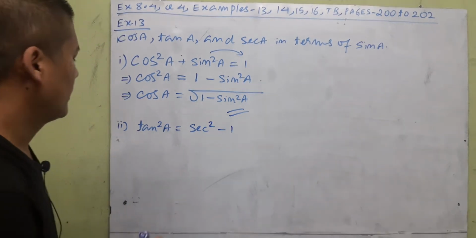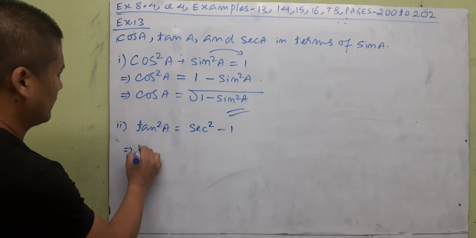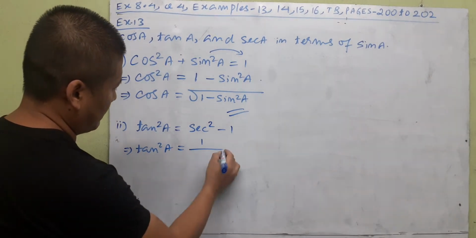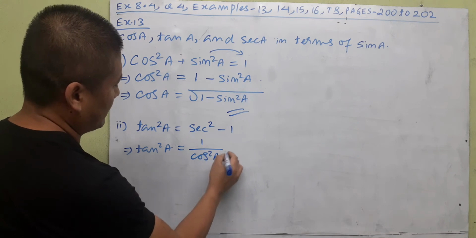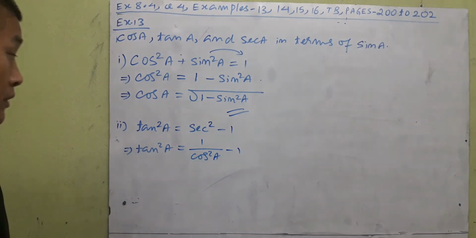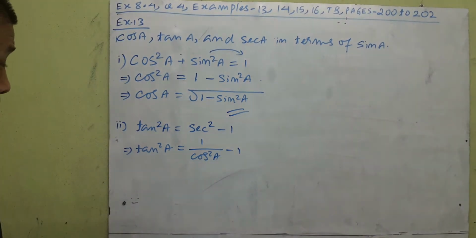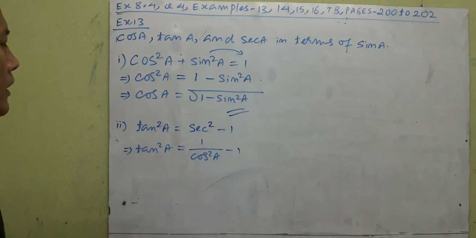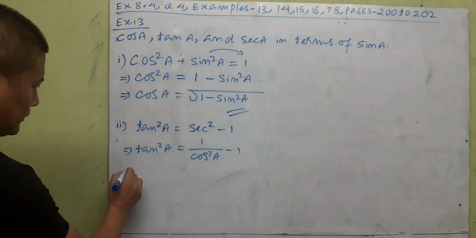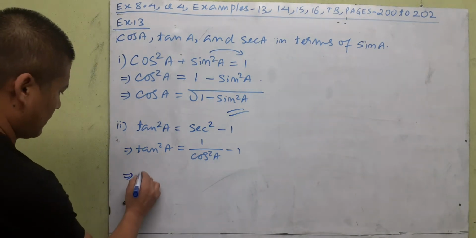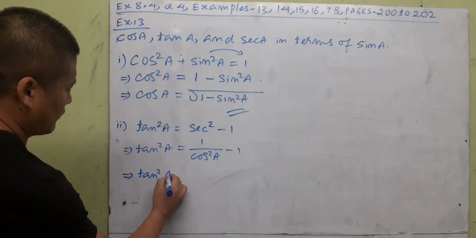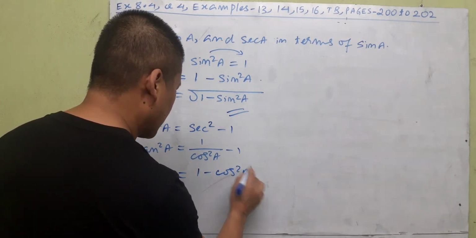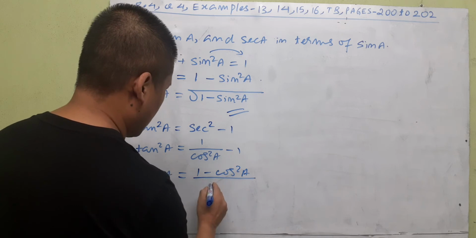So tan square A equals 1 by cos square A minus 1, which is 1 minus cos square A by cos square A. That implies tan square A will be equal to 1 minus cos square A divided by cos square A.